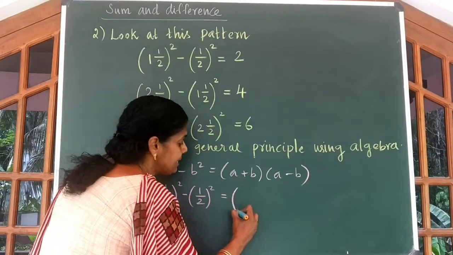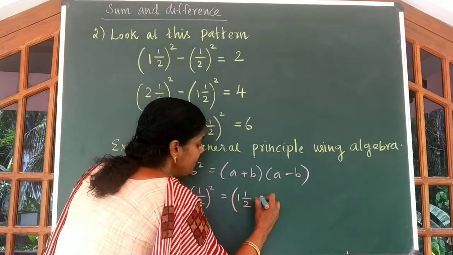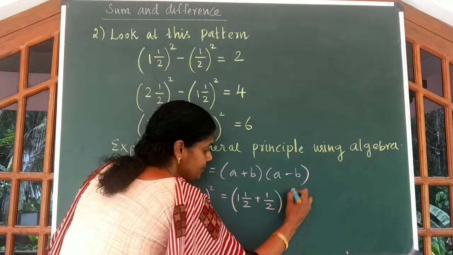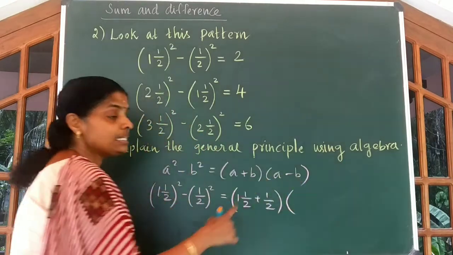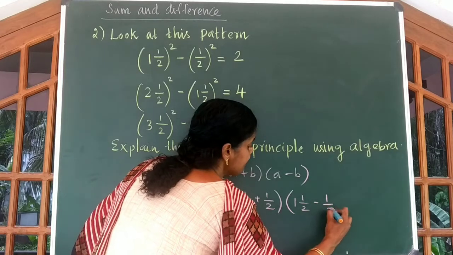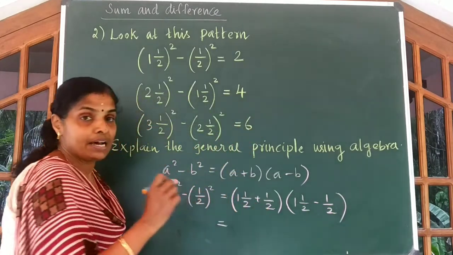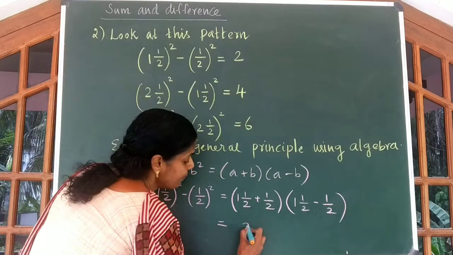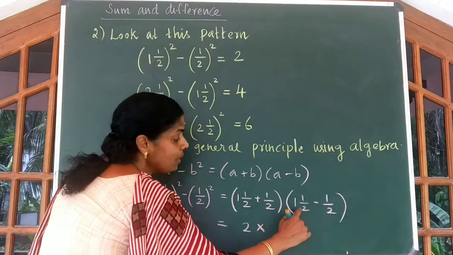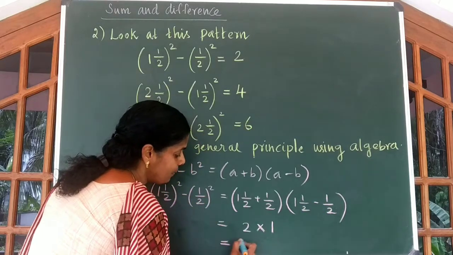So you will get a plus b, that is 1 1/2 plus 1/2, into a minus b, that is 1 1/2 minus 1/2. 1 1/2 plus 1/2 is equal to 2. So you get 2 into (1 1/2 minus 1/2) gives you 1. That is equal to 2.